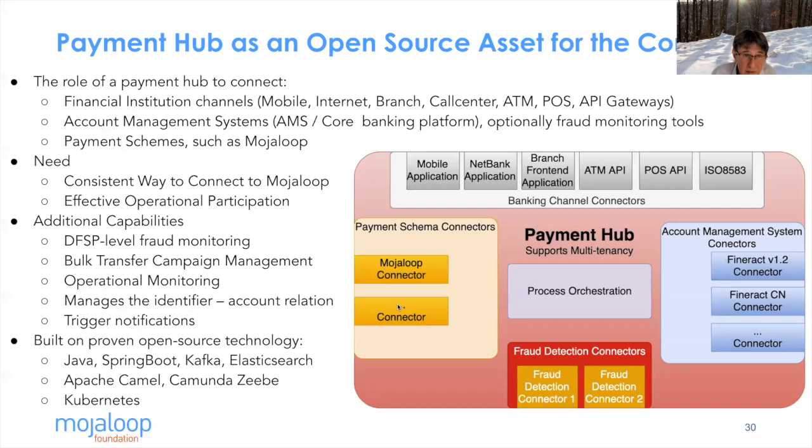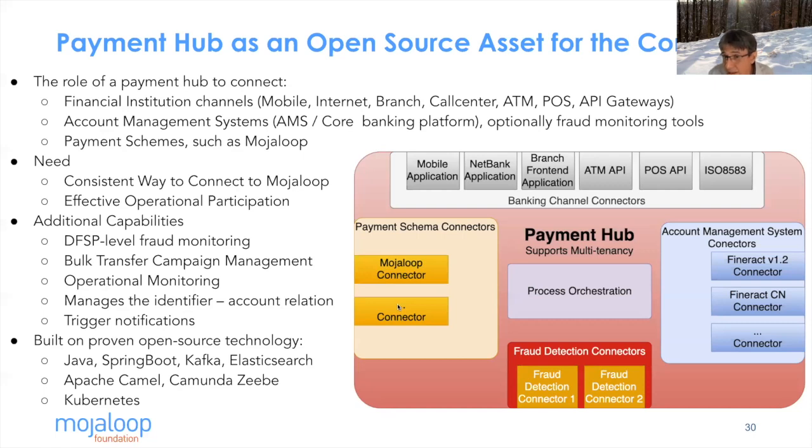Another aspect of this payment hub, as it comes naturally with the Mifos core banking platform, is that we are multi-tenant, meaning that multiple banks could use a single payment hub instance to work with their own platform. I could show this in multiple ways, like different DFSPs leveraging a single deployment of the payment hub operator.